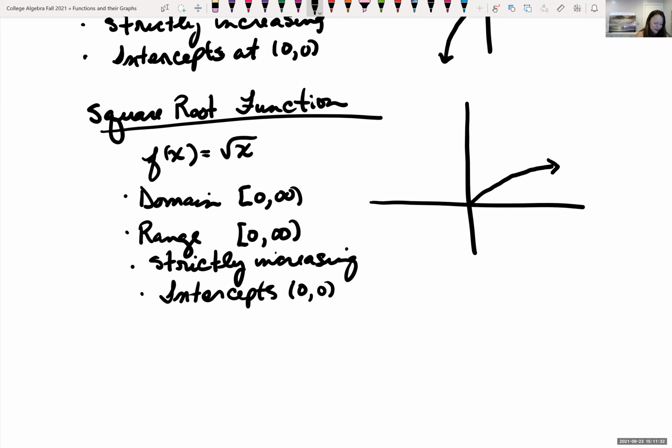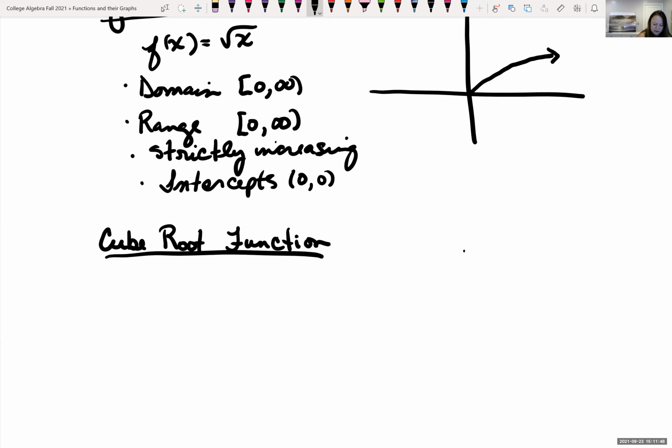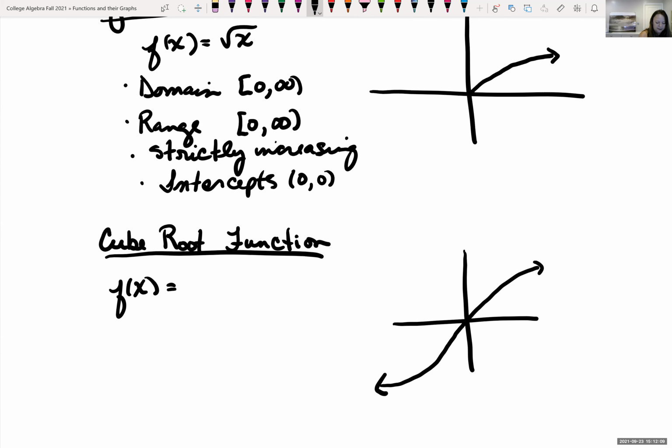We have our cube root function. It kind of looks like our cubic function, but it doesn't grow as fast. It's growing at a slower rate, so it looks more like this. This is f of x equals the cube root of x.